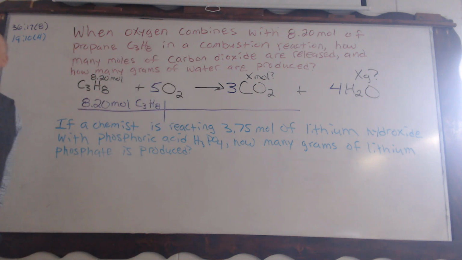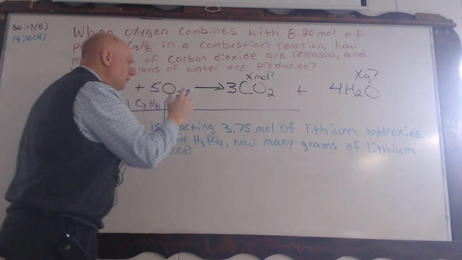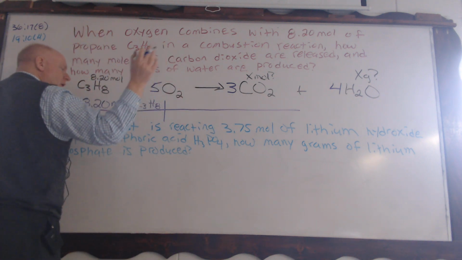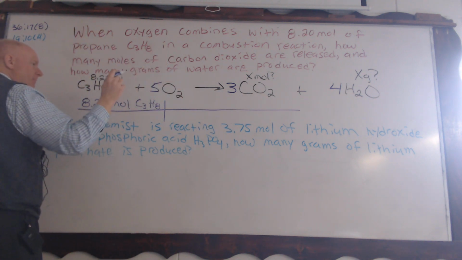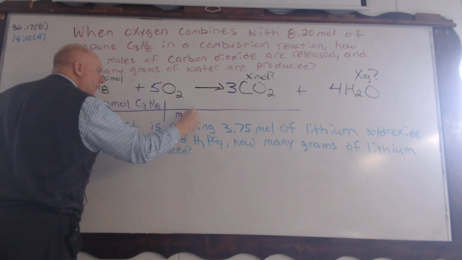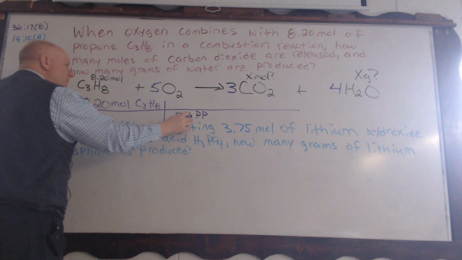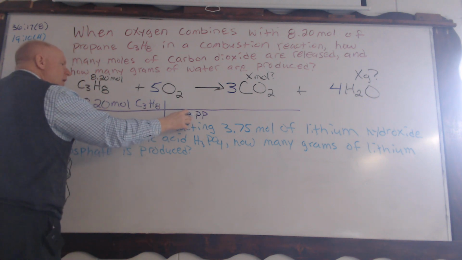And how many steps is this? That could help you out too. It's just a 2-step problem, so we really don't need to have this that long. So I'm going to leave it out there. So how do we cancel this on our next step? Okay, propane, and what are we looking for?